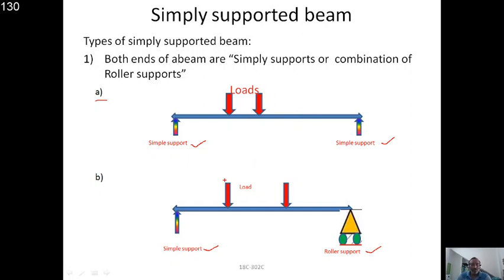You can observe this is a vertical load, this is a vertical load, and here also vertical loads. No inclination, no horizontal load. Hence, a simple support or roller support can offer only a vertical reaction, perpendicular to the axis.